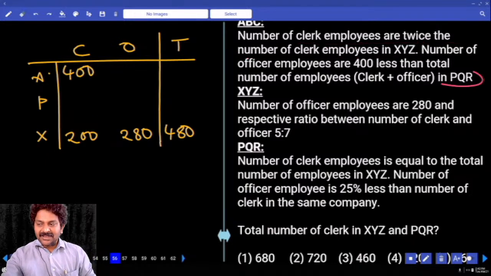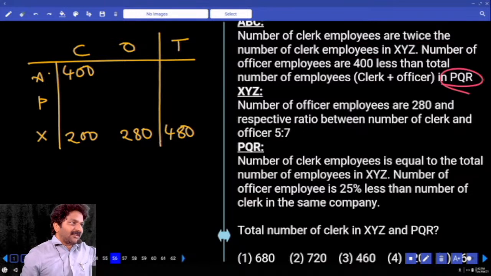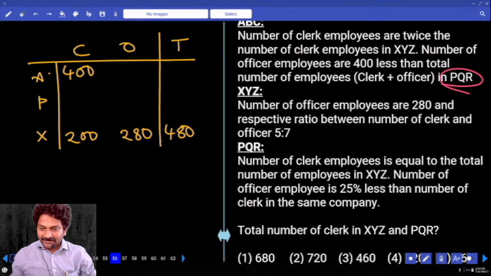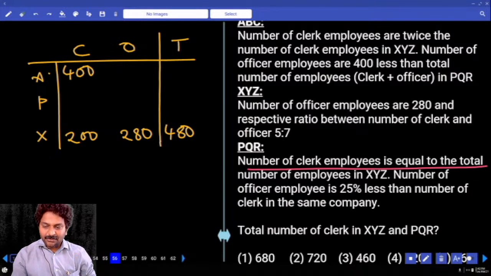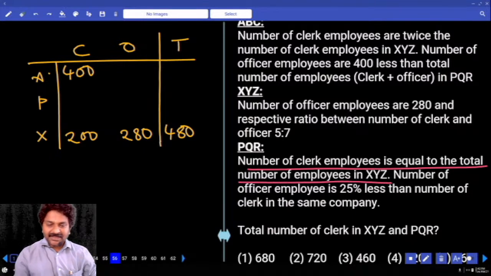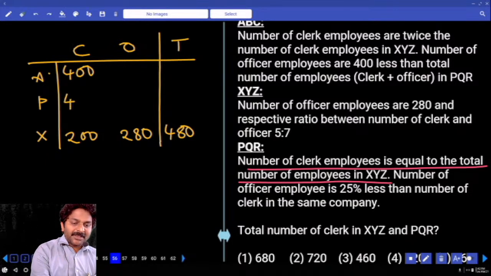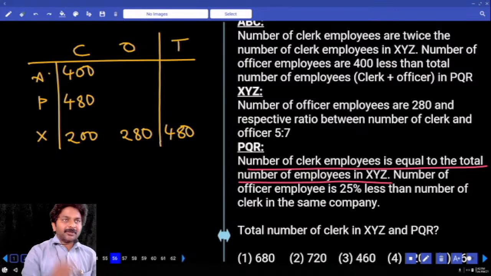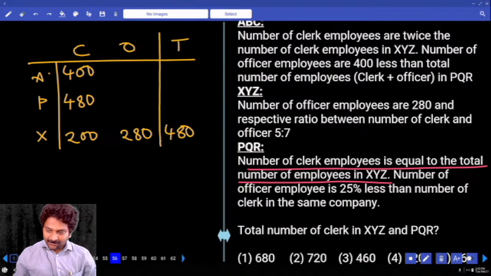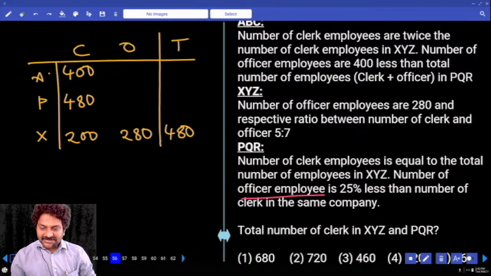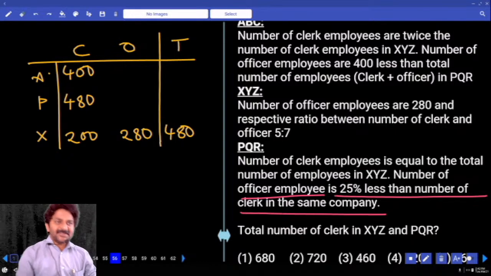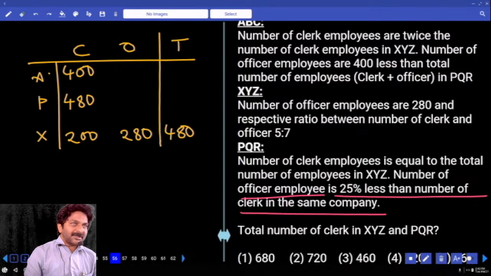The other one is related to PQR. PQR is not filled yet, so leave it like that. Come to PQR. Number of clerk employees is equal to total number of employees in XYZ, which is 480. Those many clerk employees are there in PQR. Number of officers is 25% less than clerks in the same company. 25% is 1/4.